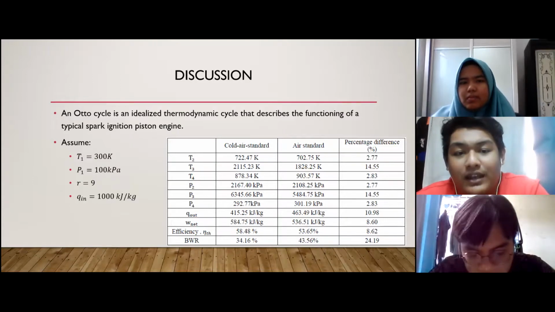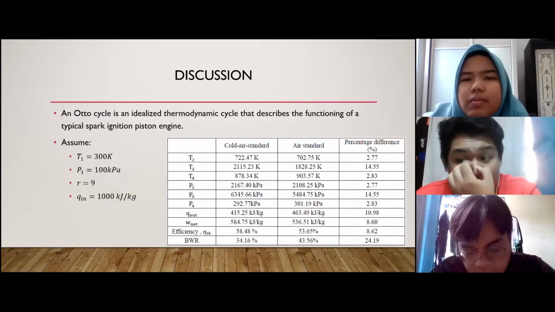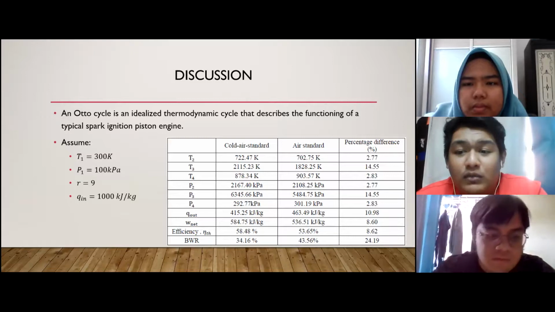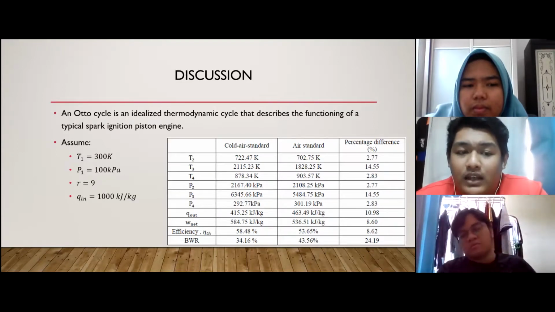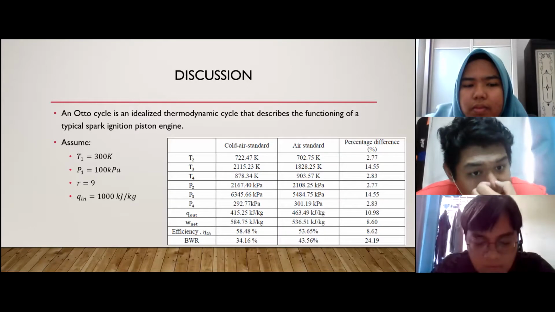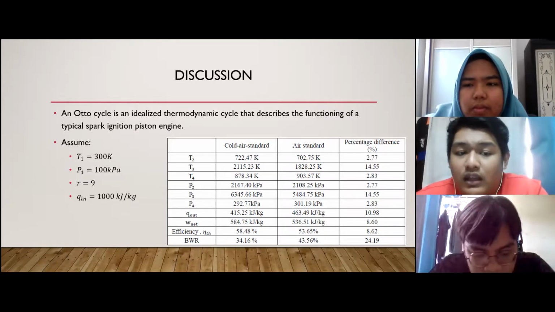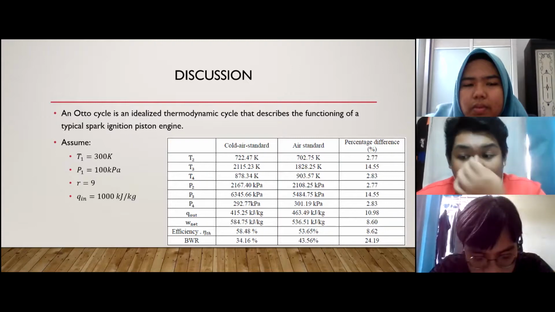of fuel and air. So in this assignment, some assumptions need to be made in the calculation process. That is, we assume T1 is equal to 300 Kelvin, P1 equal to 100 kilopascal, compression ratio equal to 9, and Qin equal to 1000 kilojoule per kilogram.